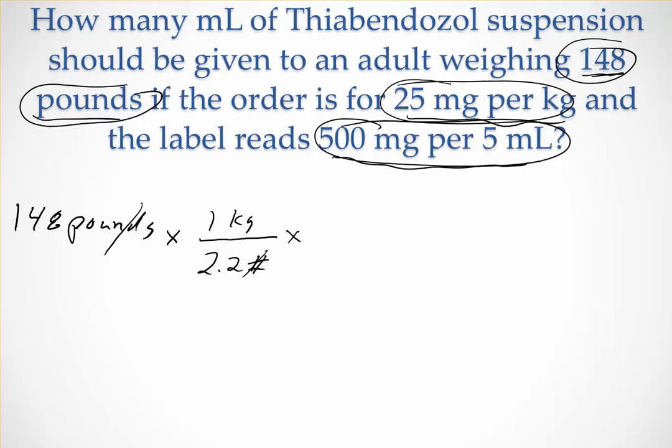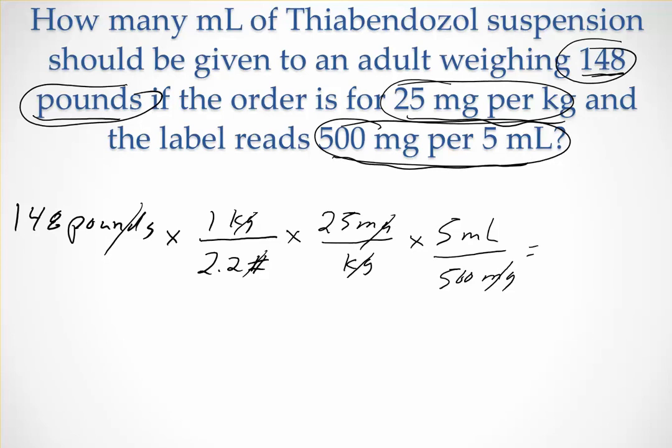So now I'll put in the order, which is 25 milligrams per kilogram. And you can see we can cancel the kilograms. And then 5 milliliters per 500 milligrams. And if we cancel those out, we now have our ending unit, which is in milliliters.